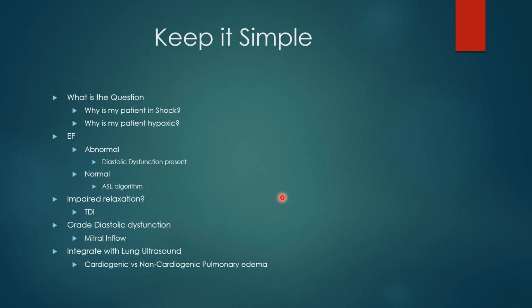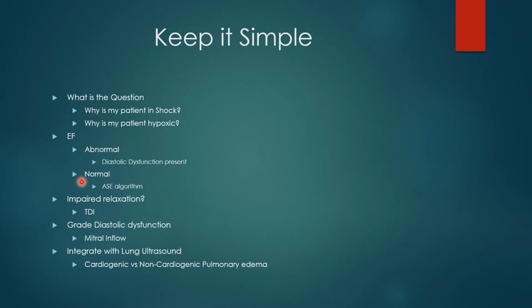Your ejection fraction is your stroke volume divided by your end diastolic volume. If you have a small end diastolic volume, at any given stroke volume, you're going to have a high ejection fraction. But if your stroke volume is low, your cardiac output is also likely to be low at any given heart rate. So ejection fraction is not the end all.